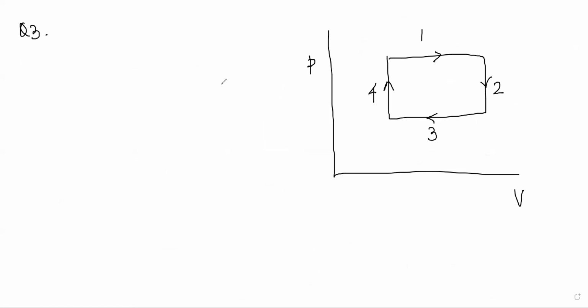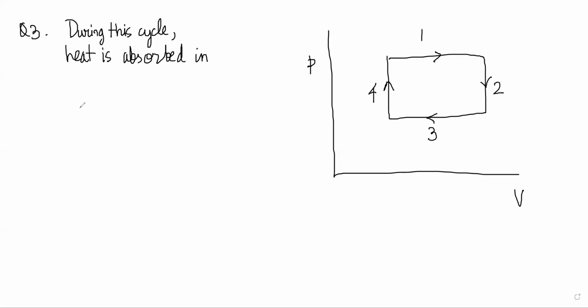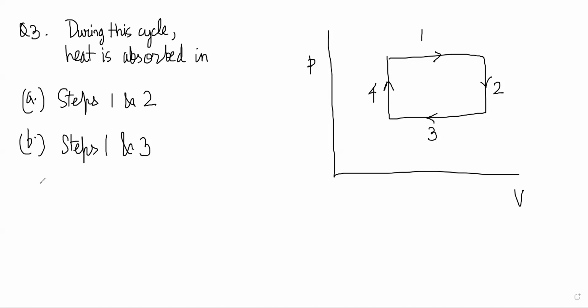During this cycle, the question is, heat is absorbed in, and the options are steps 1 and 2, steps 1 and 3, steps 1 and 4, and steps 2 and 4.